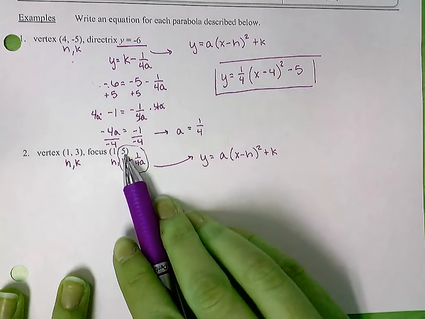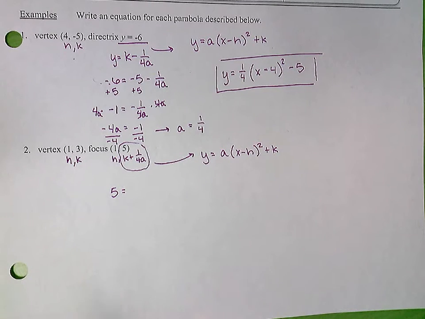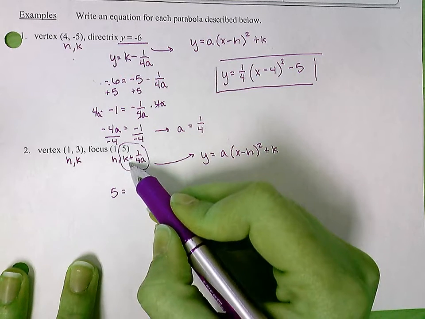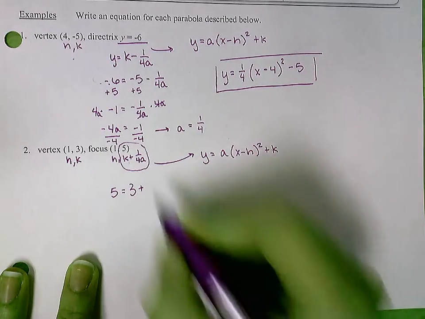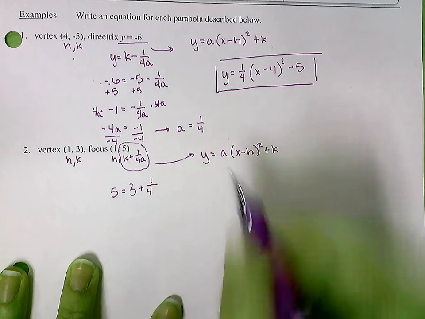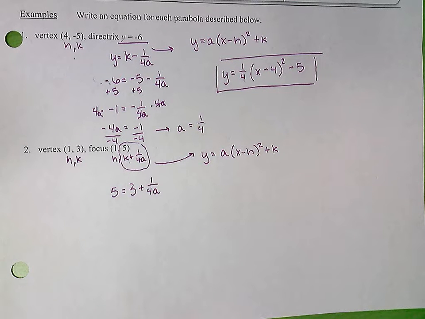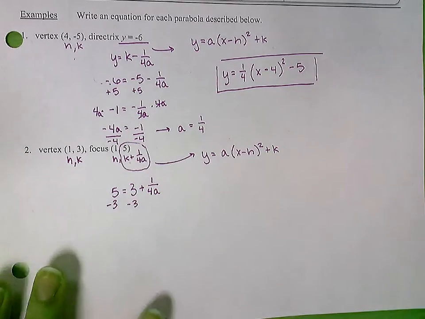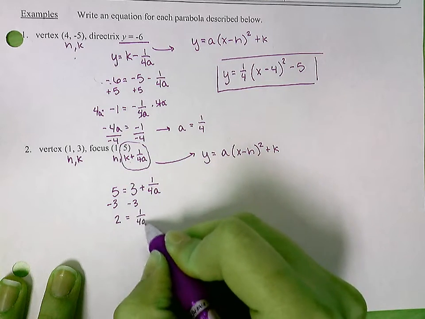So that second coordinate there in my focus, 5, you have to get there by taking your k value, which is 3, adding 1 over 4 times a. And we want to solve for that a. So I'm going to subtract 3. So I have 2 equals 1 over 4a.